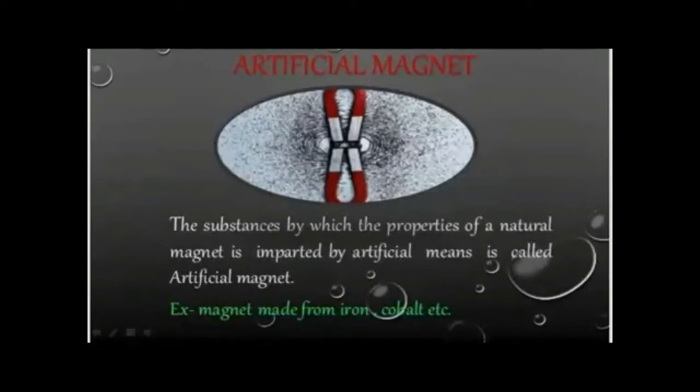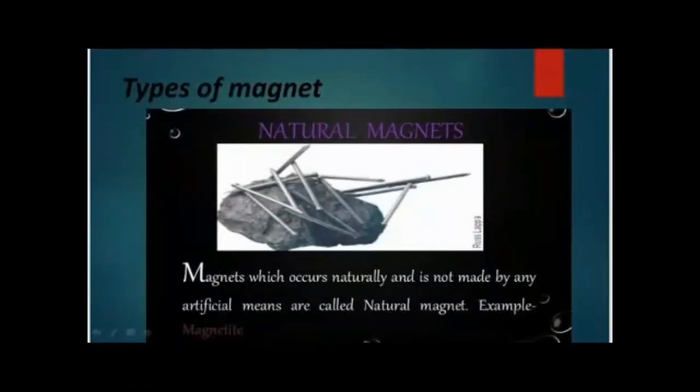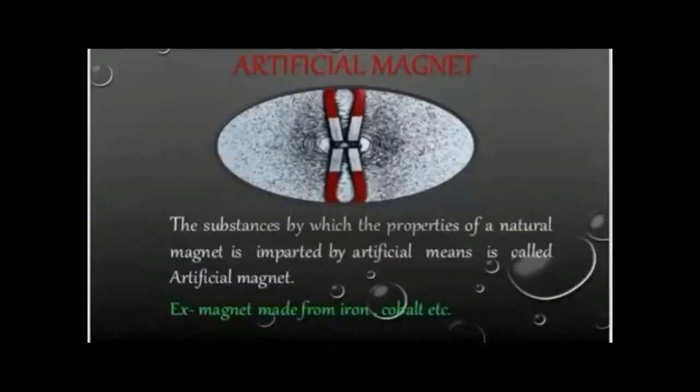Those magnets made from iron and cobalt are called artificial magnets. The magnet naturally found is a natural magnet, and the example is magnetite.